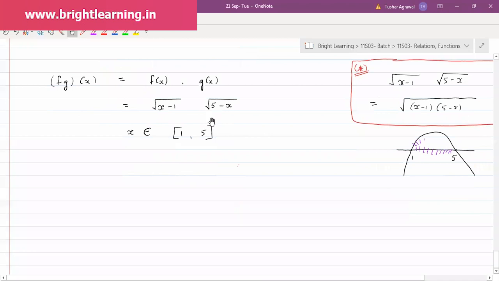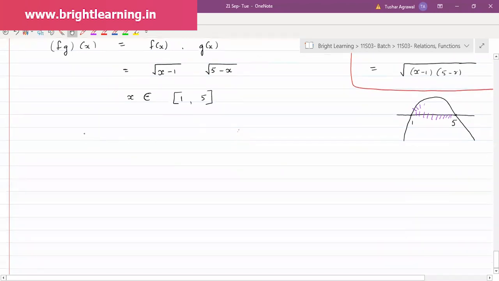So fg is there. For f upon g, one slight change will be there. f upon g is the square root of x minus 1 upon the square root of 5 minus x. Here you will now have to remove some points.